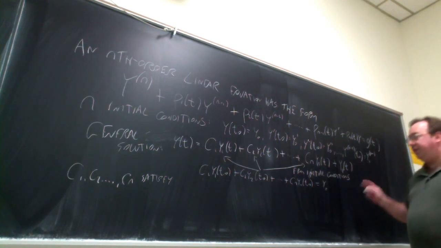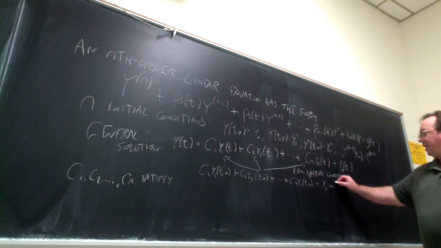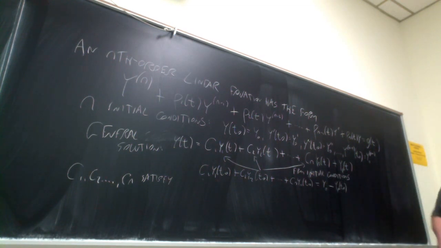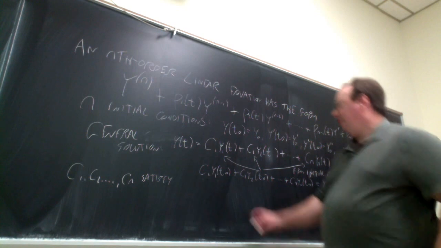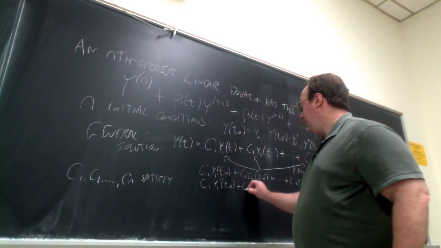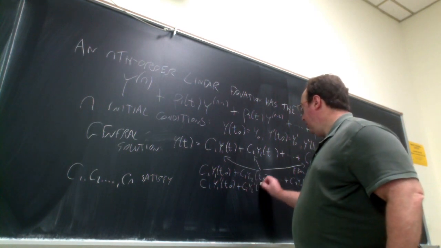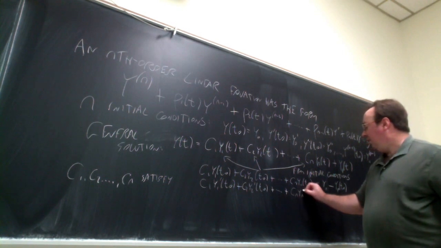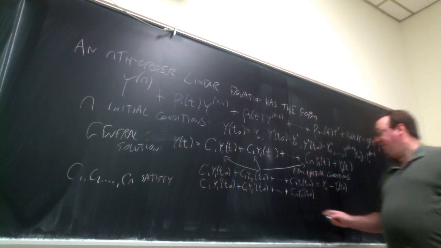If you have a particular solution, that should be subtracted off after evaluating it at t naught also. When you had initial value problems for non-homogeneous equations, effectively that's what you were doing, whether you wrote it that way or not. And then you have more equations, for instance, on the first derivative. So you plug t naught into the first derivatives of all of your n linearly independent solutions.